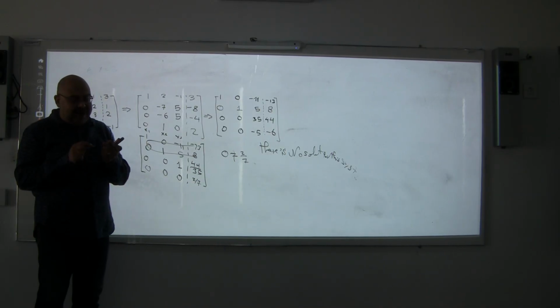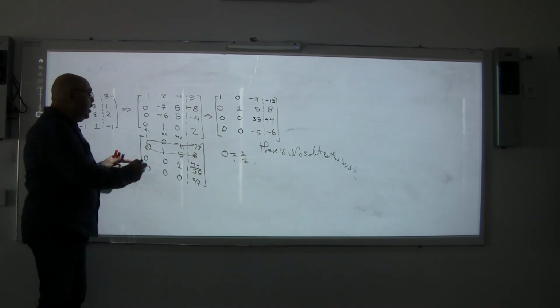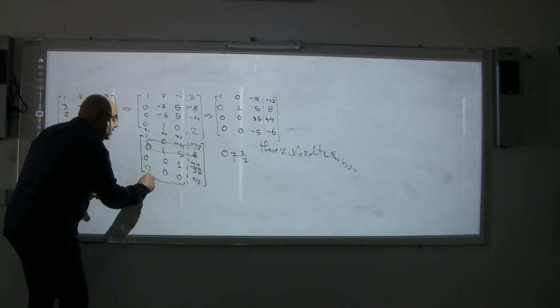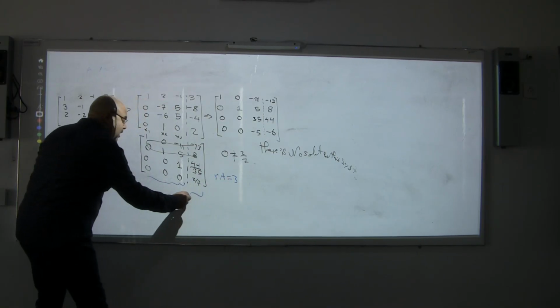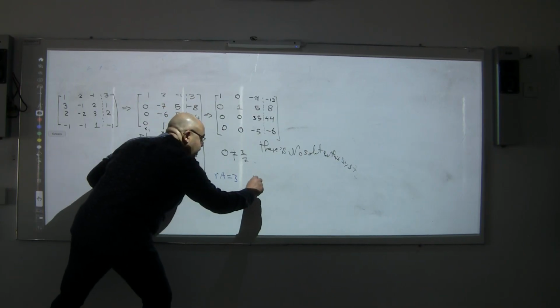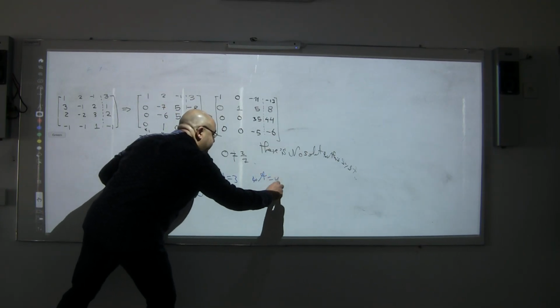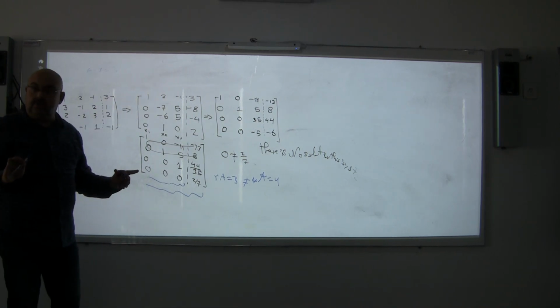If I want to talk about ranks, the rank of the smaller matrix, the rank of A, is equal to 3. But the rank of the overall augmented matrix is 4. They are not equal to each other, so there is no solution.